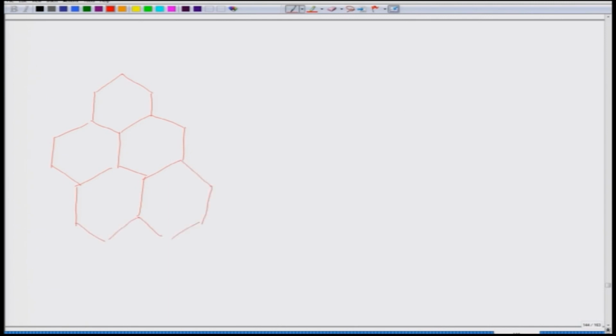Whereas in this situation, what you are getting is something slightly different from such a uniform structure. You get something like this.